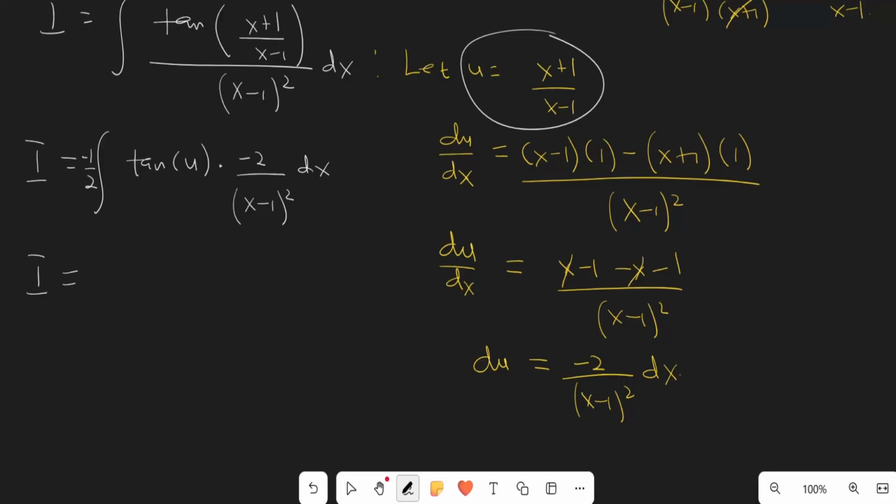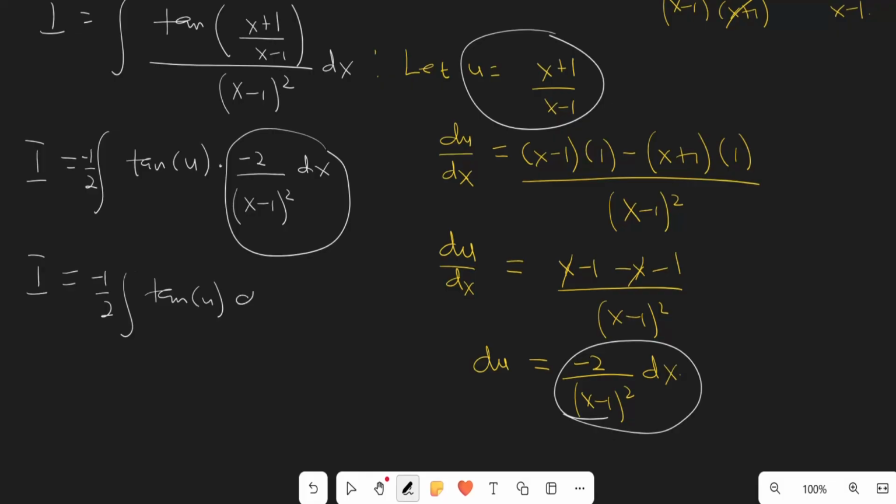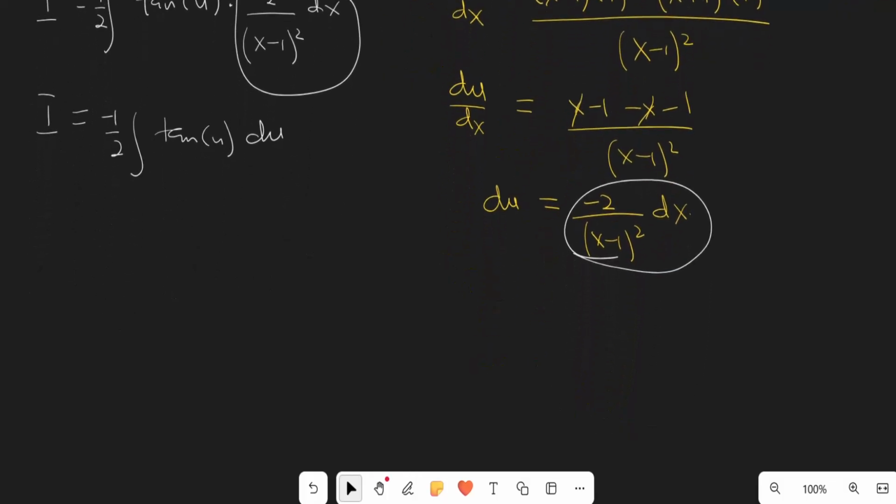And I'll have I equal to negative 1/2 the integral of tan of u times this guy, negative 2 all over (x minus 1) squared dx. That is equal to du. So that is our integral.